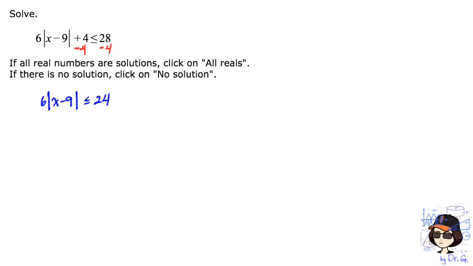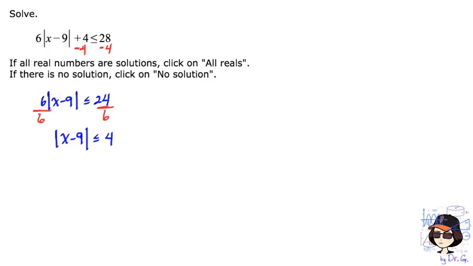And now to get rid of the 6, we just divide both sides by 6. And now we've isolated the absolute value. So we've got the absolute value of x minus 9 is less than or equal to 4. So let's recall what that means.